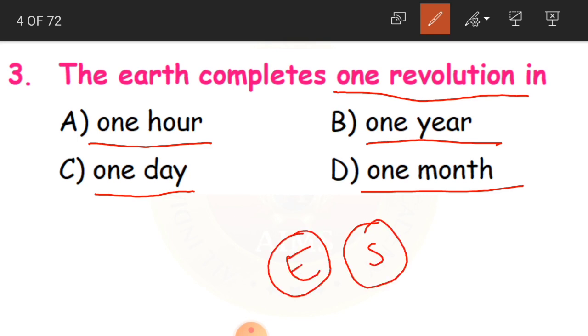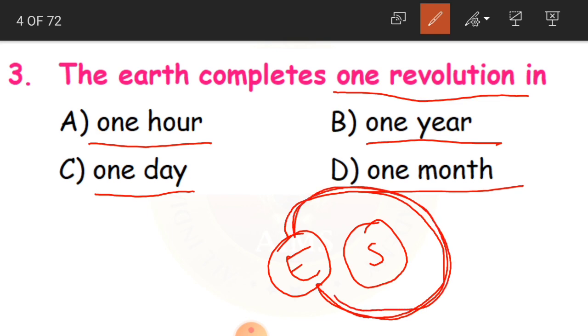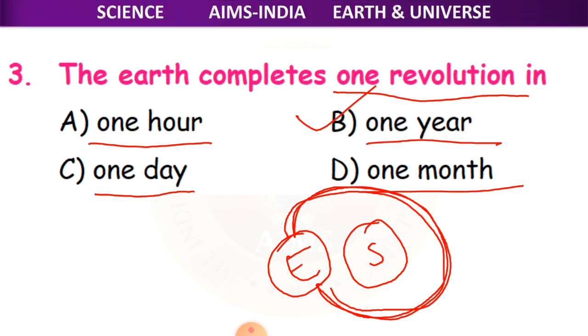If this is earth, the planet which revolves around the sun, then this is known as revolution. To complete one complete round around the sun, it takes 1 year for the earth. Clear? So the answer is B.